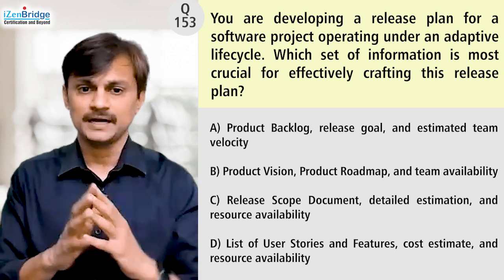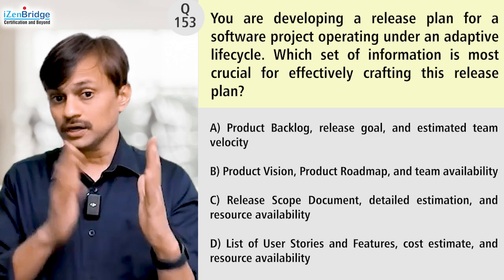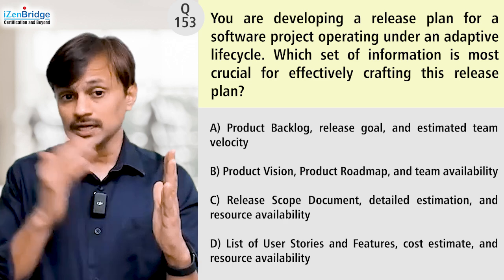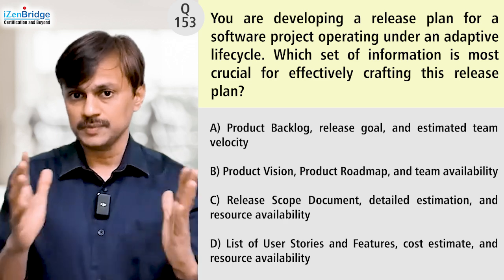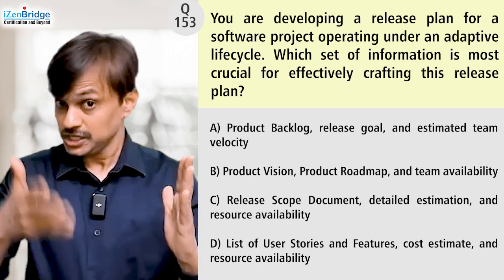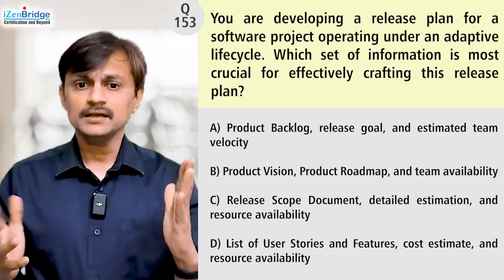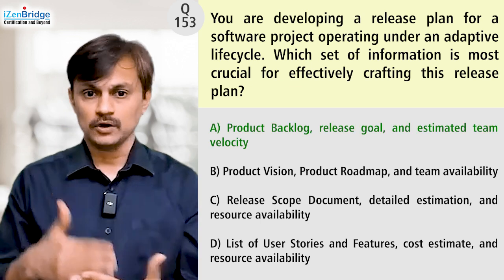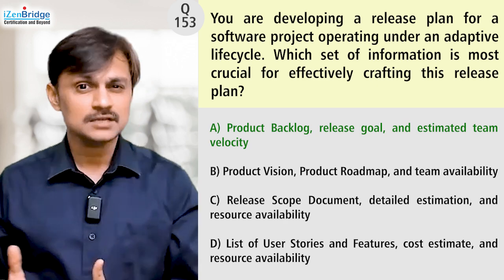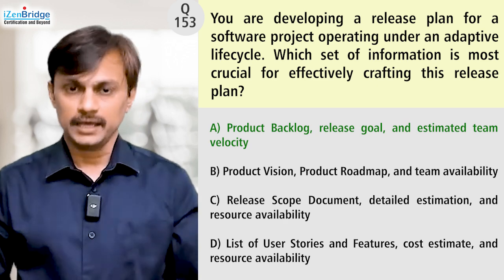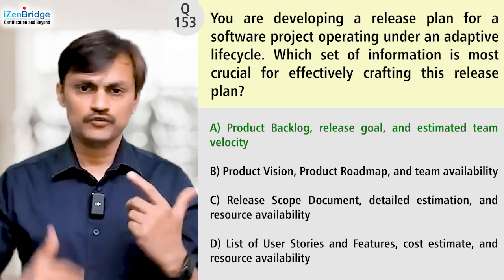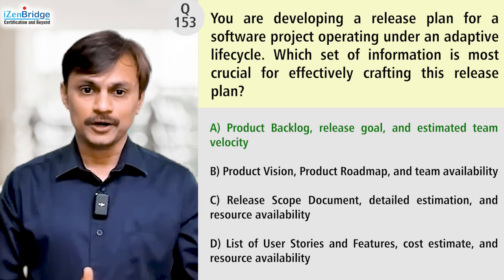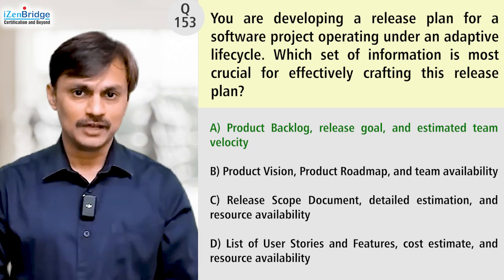That seems better, but it does not give clarity about the estimated velocity, cost is coming in, and there's no clarity about release goal, because things may change over a period of time. So I go with A more because of the velocity word, because D has cost estimates, which may not necessarily be an input for release planning. We are choosing the best option. So here we go with option A: product backlog, release goal, and estimated team velocity.